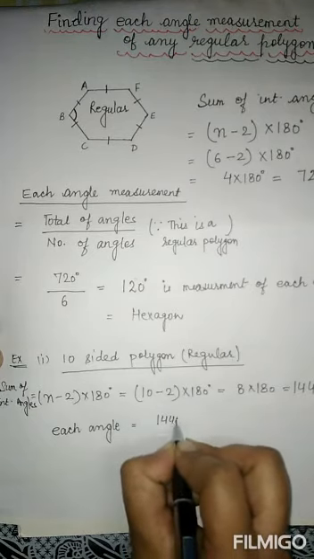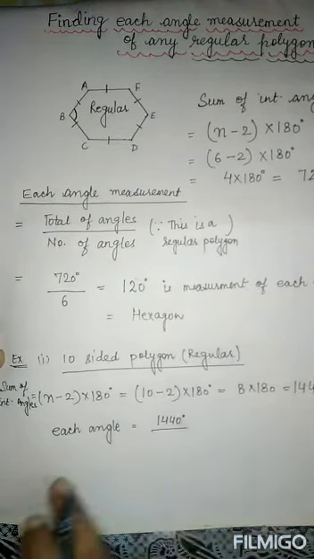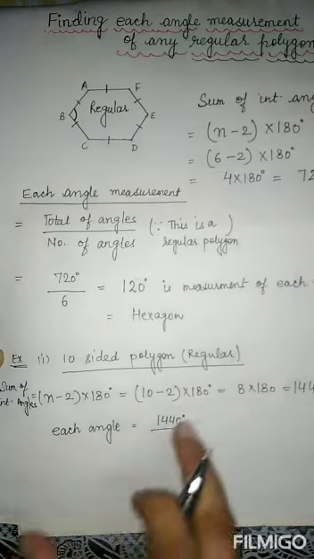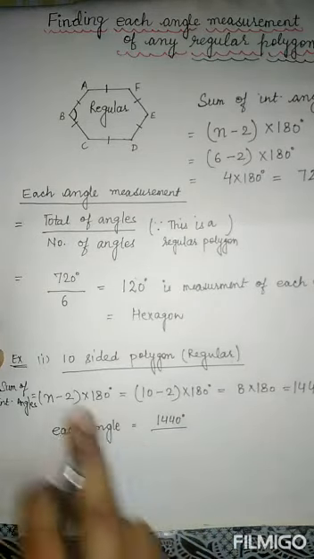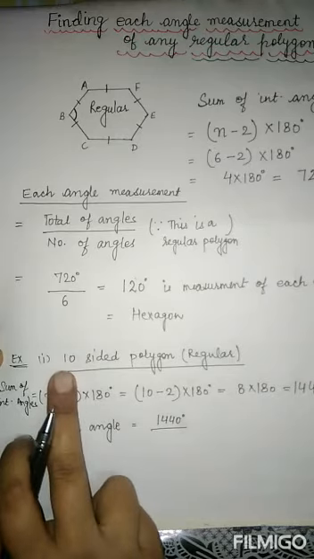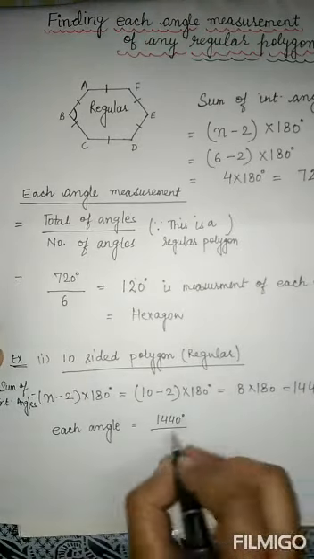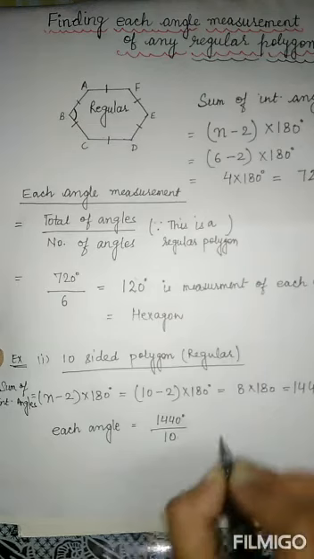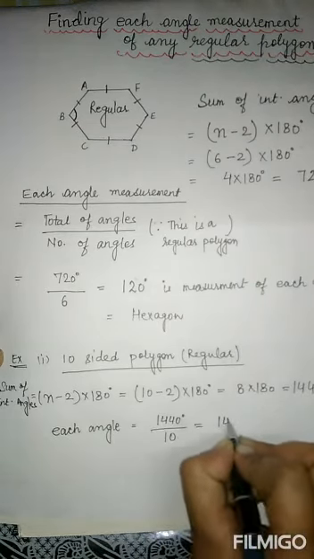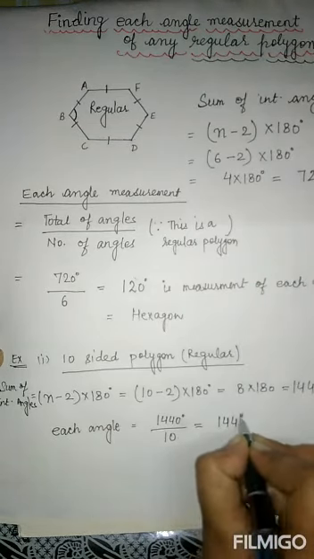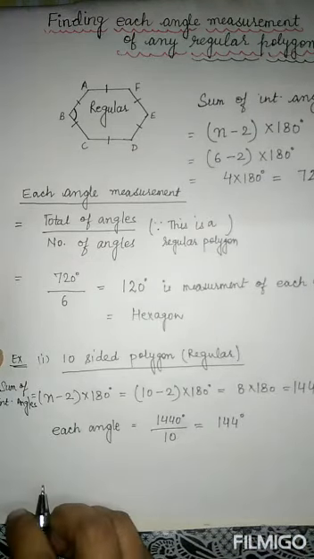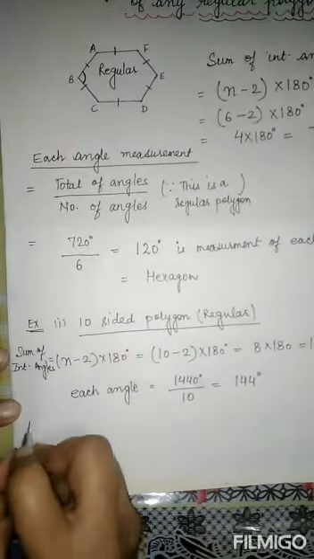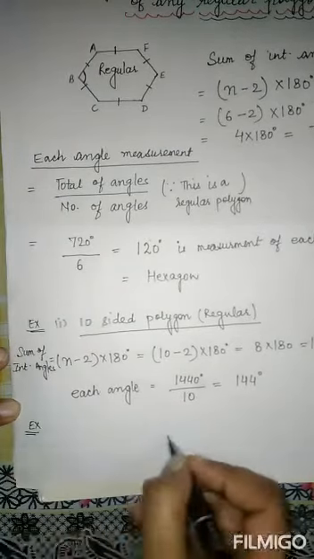Just divide the total sum by the number of angles. This is the sum of all angles, and now each angle. If there are 10 sides, then angles will be 10. So each angle will be 144 degrees.